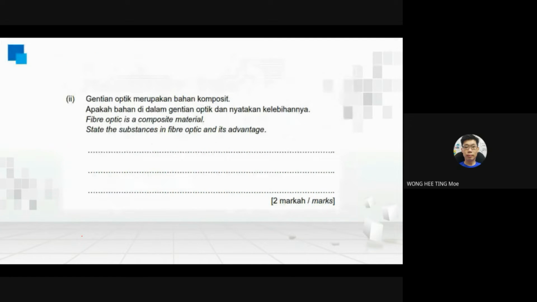Next, fiber optics is a composite material. State the substances in fiber optic and its advantage. What are the substances in fiber optic?